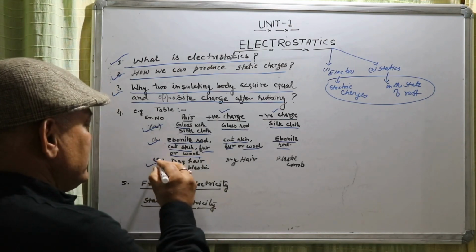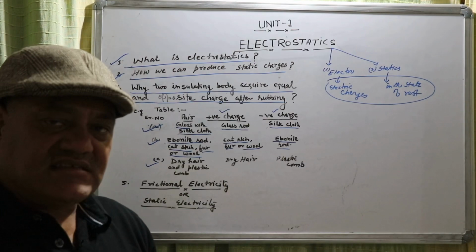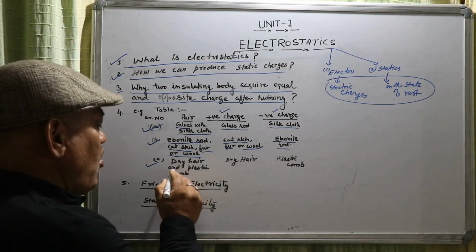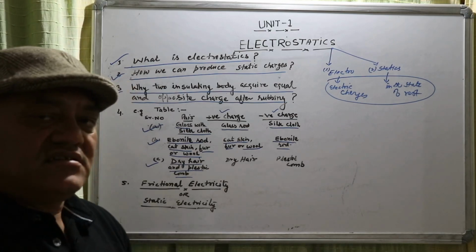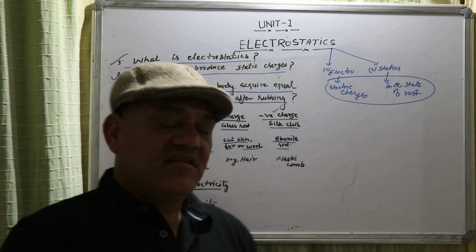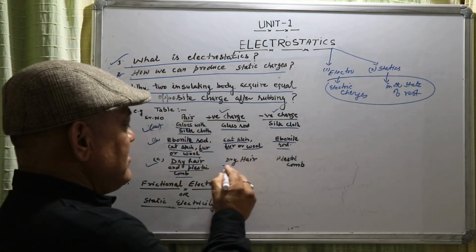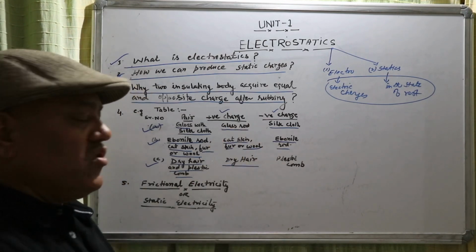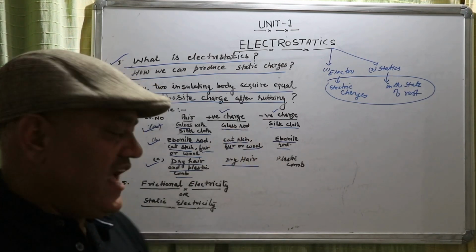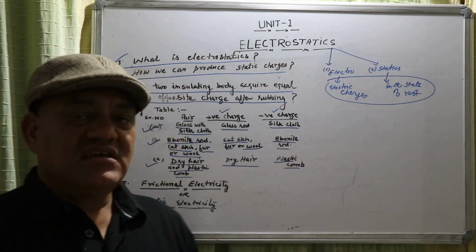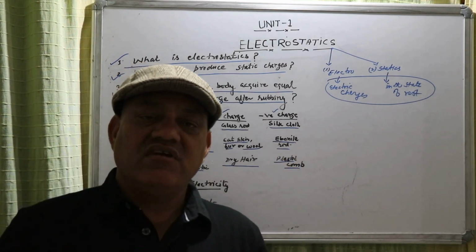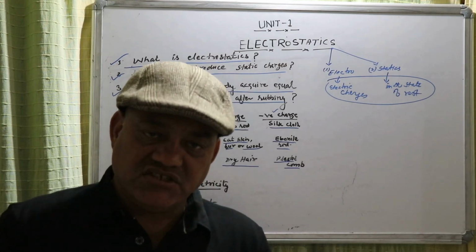Similarly, our third example is when we comb our dry hair, then our dry hair acquires the positive charge and the plastic comb acquires the same amount of negative charge.